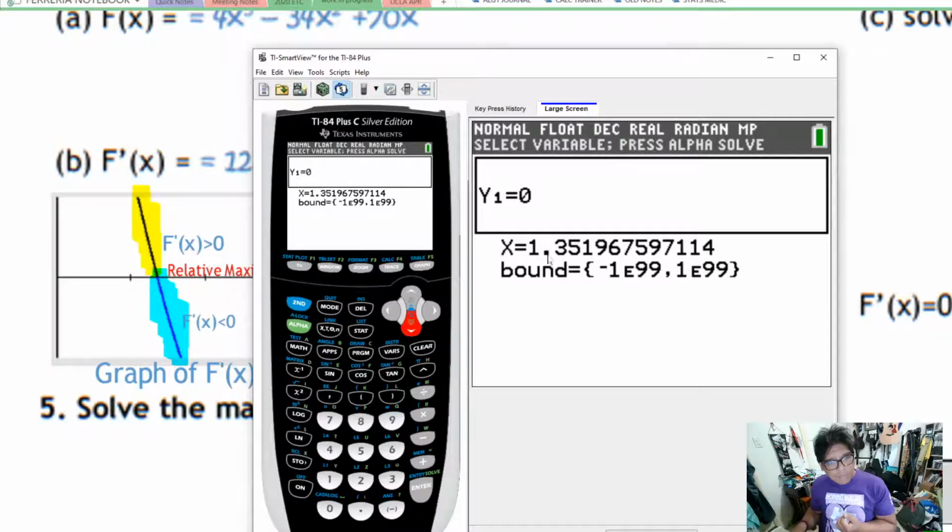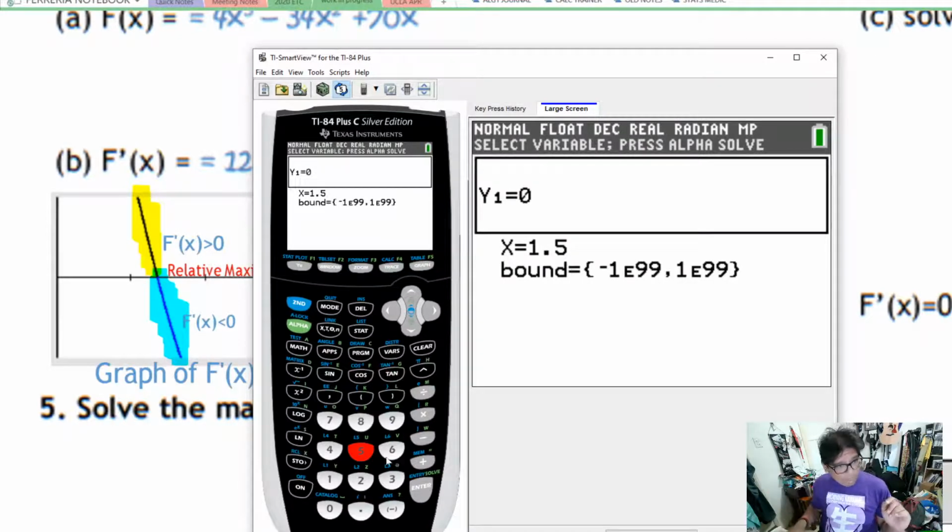And here, I know that the answer is actually 1.35, but what you need to do to solve is just put any number here that is close to the actual point. So I'm going to say 1.5 is my guess, just like I did before with the graphical method.